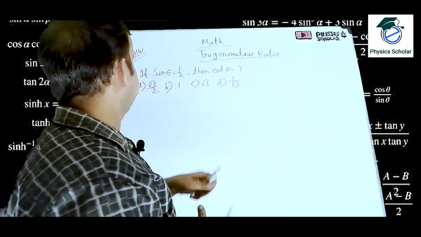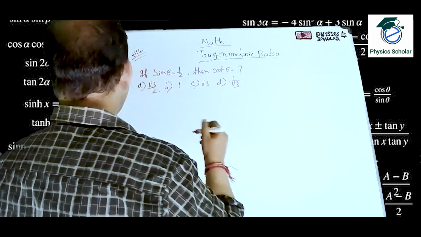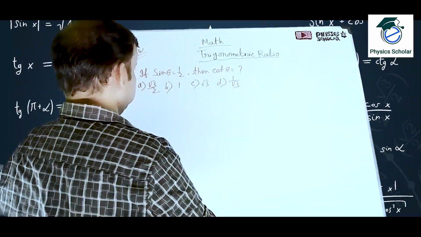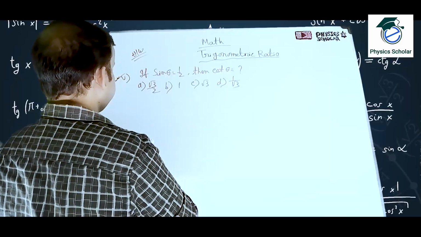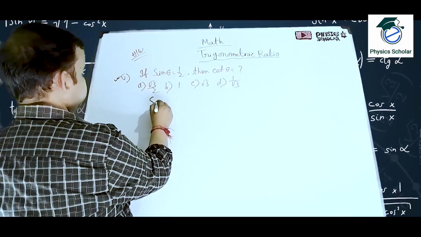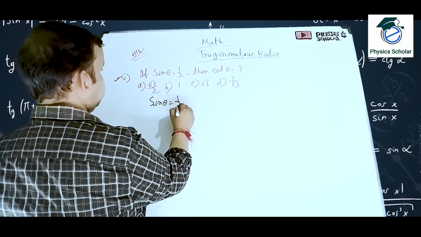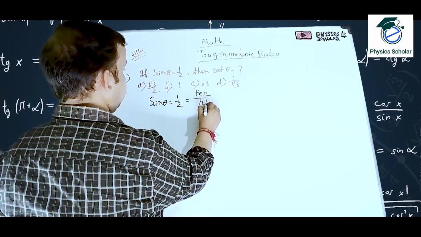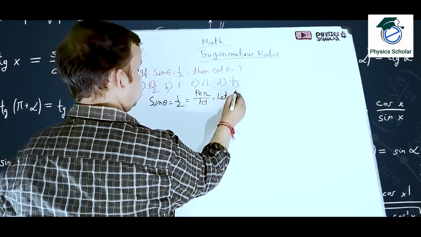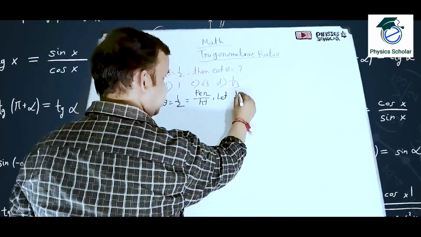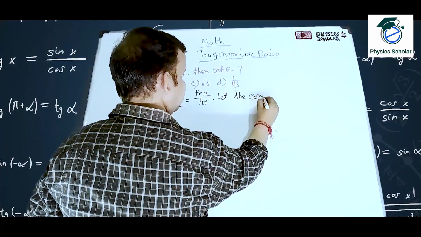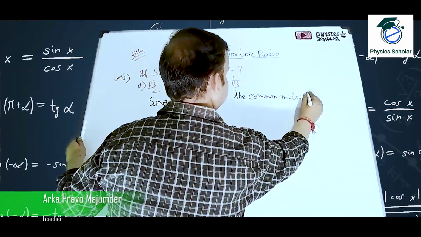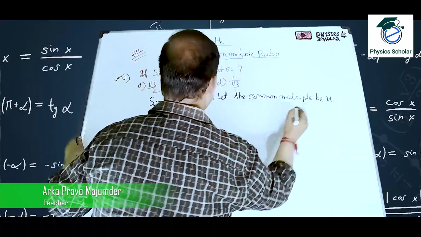Now the next sum, number 5. It was also given as your homework. Similar type of sum. So sin theta is equal to half, given, right? So sin theta means perpendicular by hypotenuse. So let us say the common multiple be x.